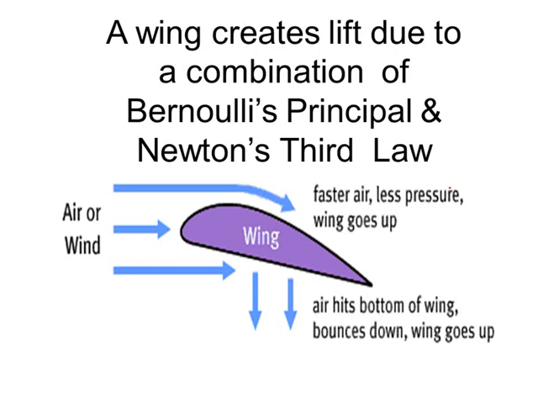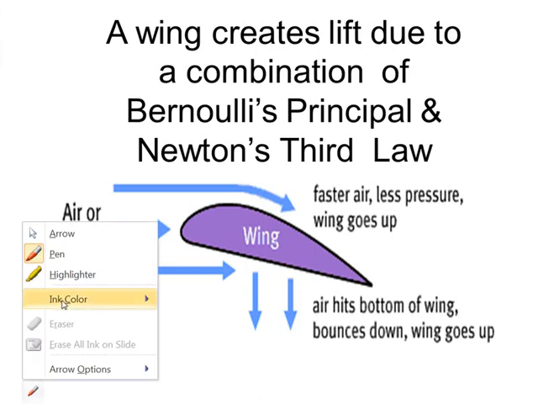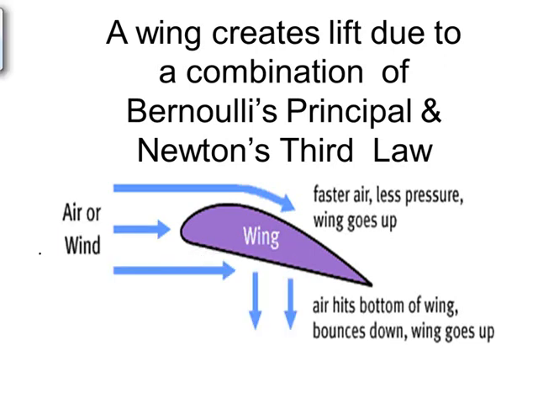All right, so here is a diagram that's effectively saying both of these things. Here we have an airfoil. It happens to be a wing. Here we have relative wind.